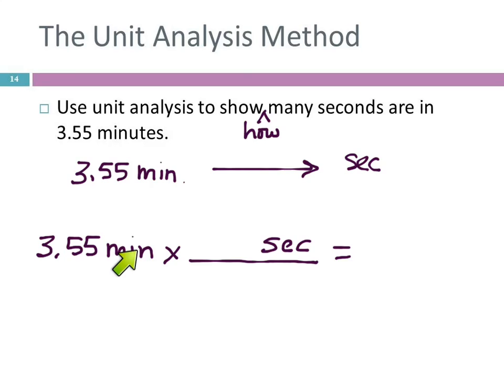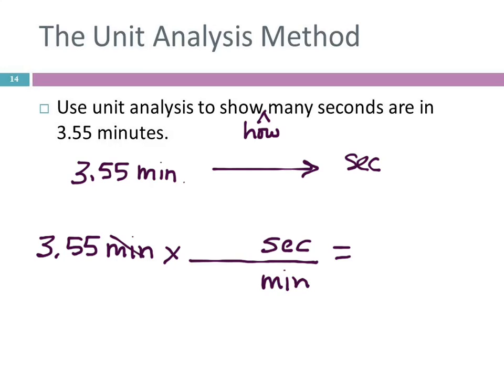So from our path, we've got minutes and seconds. We need minutes to go away. We want them to cancel out. So we take this unit and we put it in the denominator over here. Because what's minute divided by minute? It's 1, right? Units are like variables in algebra, they can cancel out.